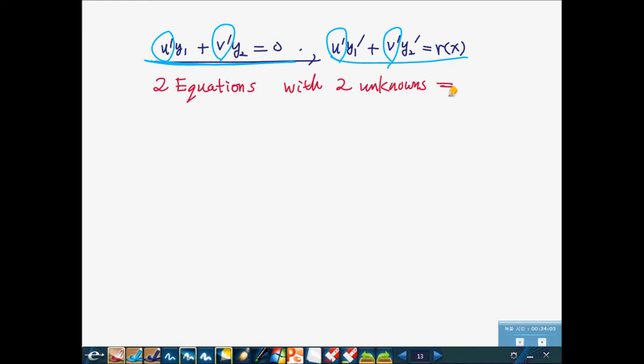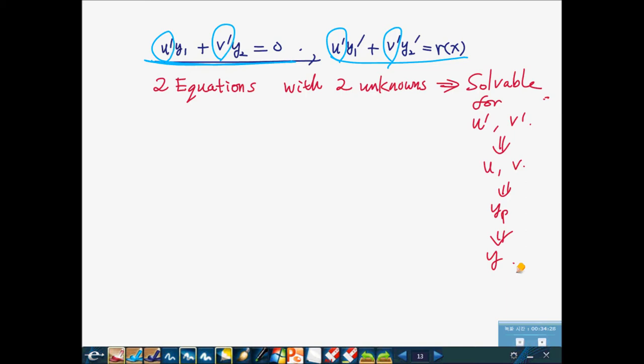Then it's solvable. Correct? Solvable for U prime and V prime. Then you can integrate to get U and V, right? Then you get YP and you get Y.